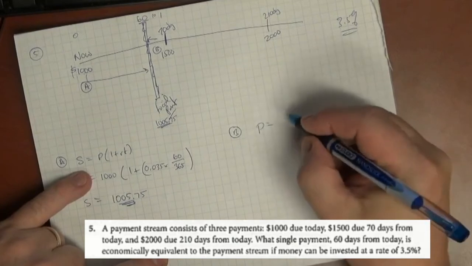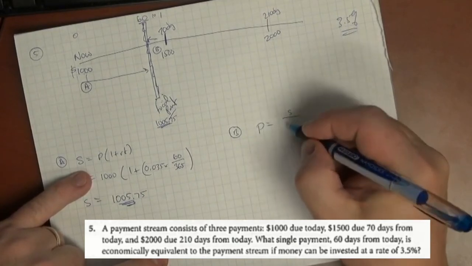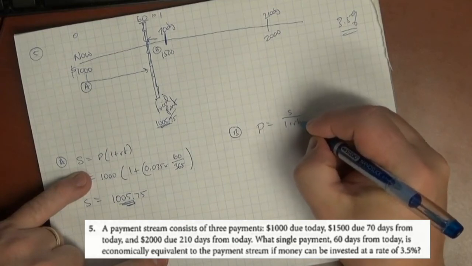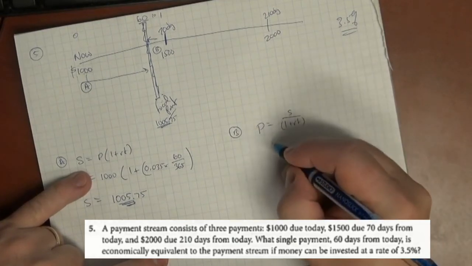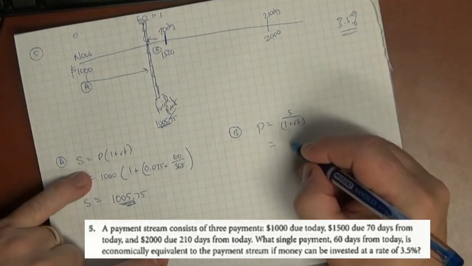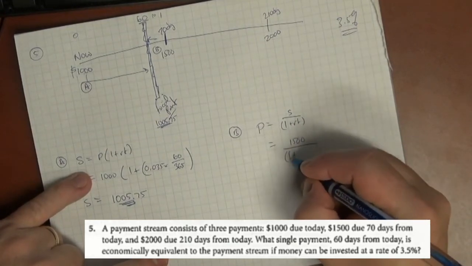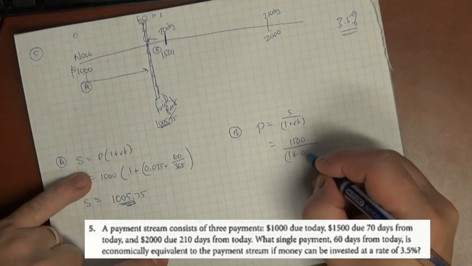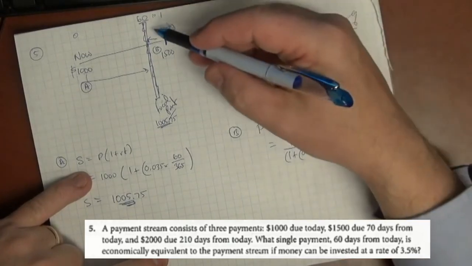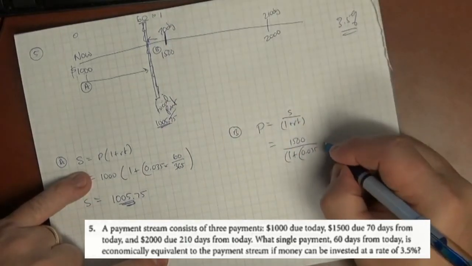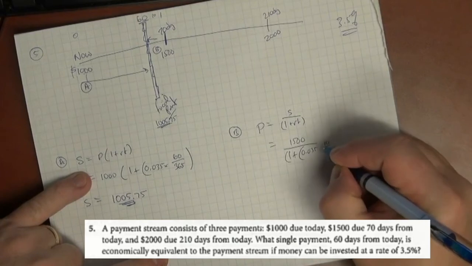So present value is S over 1 plus RT. We take our S, which is $1,500, 1 plus R, and the R is 0.035. And the time is 10 days, 70 days minus the 60 days is 10 days, over 365.